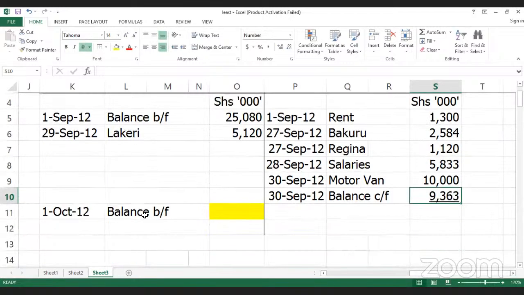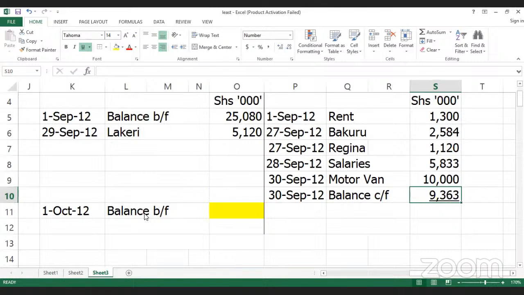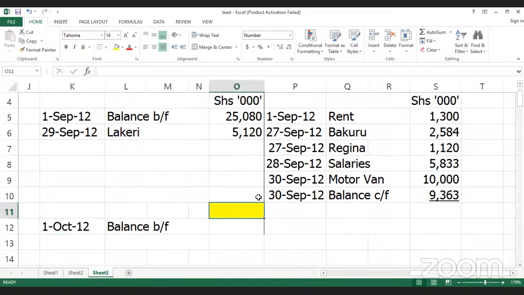It's the balancing figure. So now what we have to do, we have to put the totals. I told you that totals should be on the same level. So let's insert the totals. What's the total on the debit? 30,200.